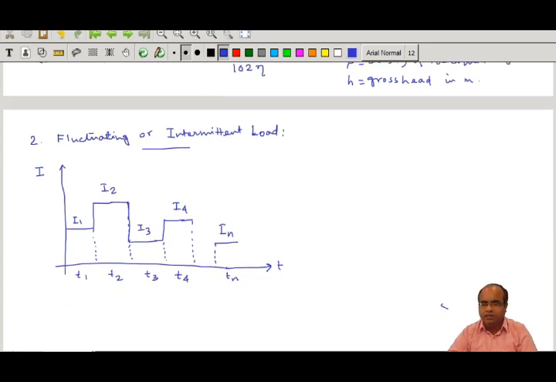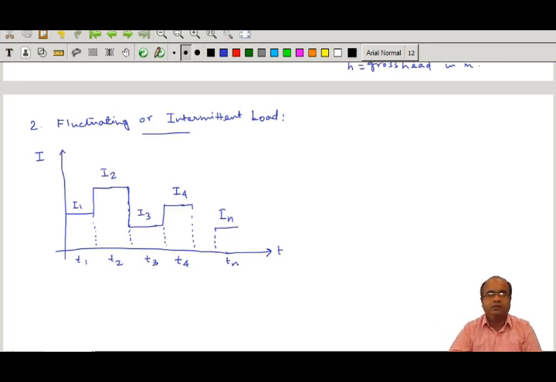Now there are several methods to obtain the motor power rating. Number 1, for fluctuating kind of loads, method of equivalent current.